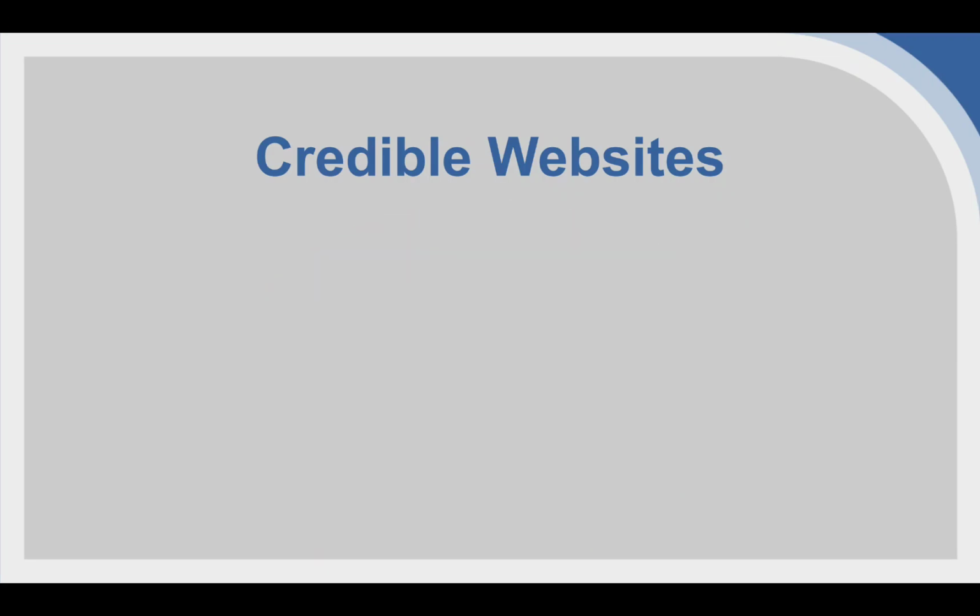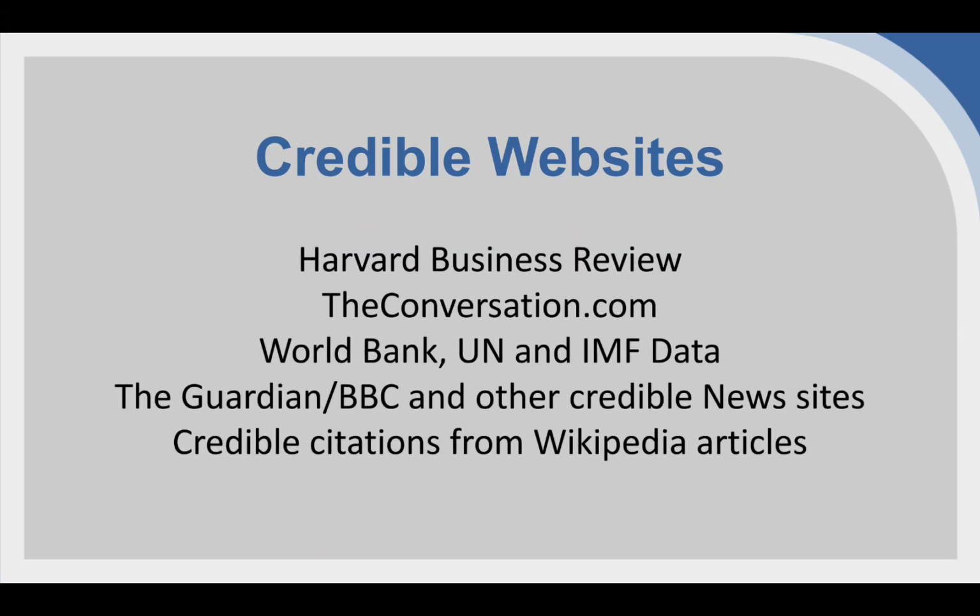So sites that we would like you to use instead, there's loads, but there are some particular recommendations I would make as well. Harvard Business Review is non-academic, it's not a journal article, but it has fantastic, quite current information. Theconversation.com is a favorite of mine as well.